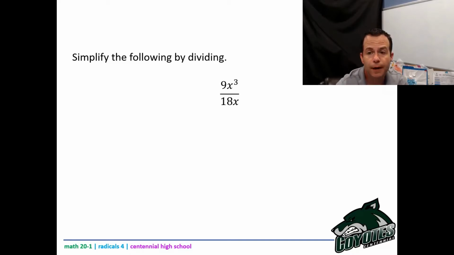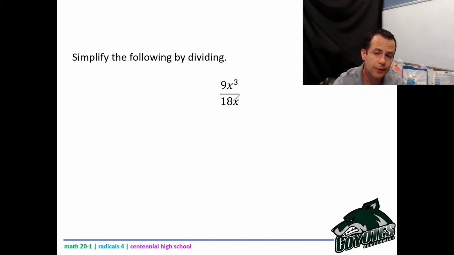If I'm looking at 9x cubed divided by 18x, I think about 9 over 18, which I can reduce to 1 over 2. And then x cubed over x: when I'm dividing powers of the same base, I subtract the exponents. So I could reduce it, or divide it, however you want to look at that, but it's going to end up being x squared.